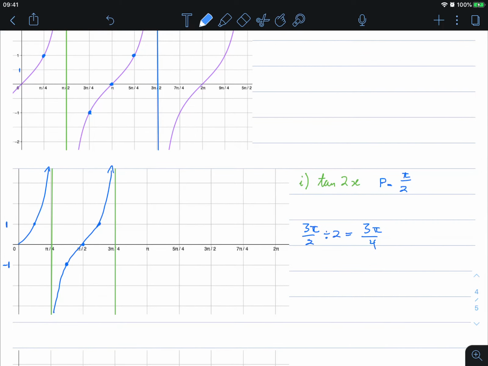And I hope you can see the pattern now that we have, well, one cycle was actually from here. But now that we have this going for us, we can continue this pattern. We can see that between pi and 3 pi on 4, that's kind of 2 spaces apart. So 2 spaces apart, we can draw another asymptote. 2 spaces apart again, that's another asymptote. And then it goes off here. Now we can find the zeros by repeating this pattern.